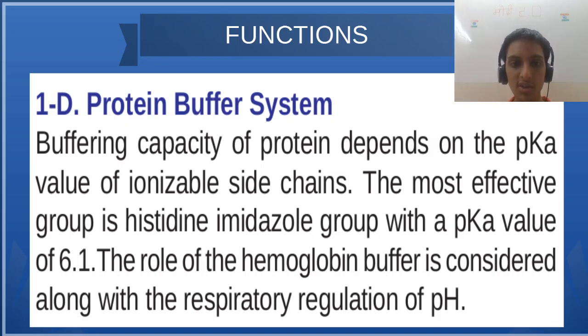So it should depend on the ionization constant of the imidazole, which is 6.7. Frankly speaking, it is 6.7. So the protein buffer depends on the imidazole of histidine, which dissociates at a pKa of 6.7. So that is regarding the functions of hemoglobin.